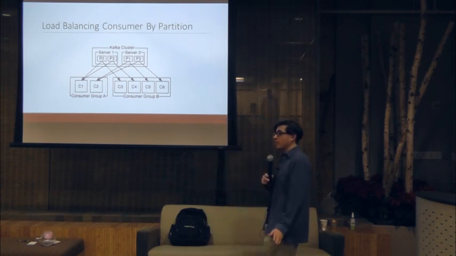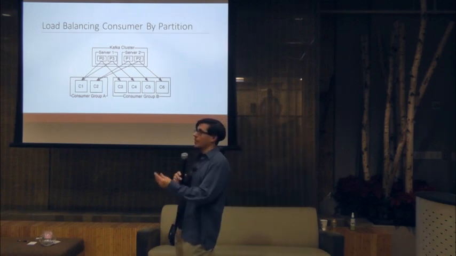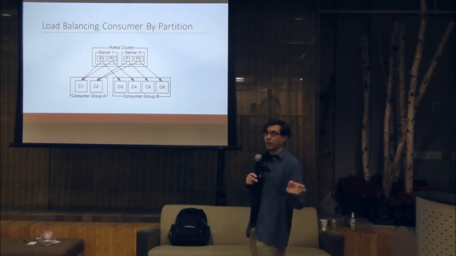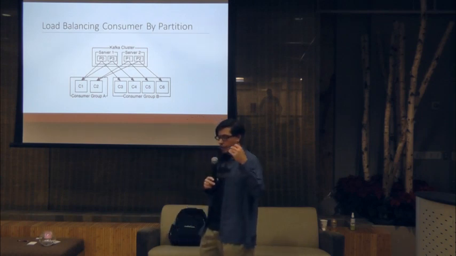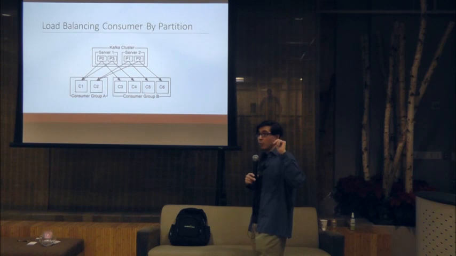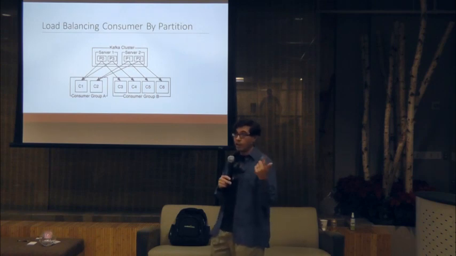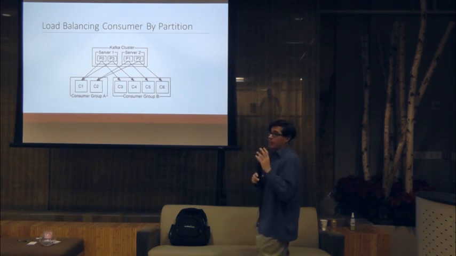Something could be wrong in your design. Depending on the version, and this is something that is different between 0.7 and 0.8: in 0.7, if you didn't put in a partition key, a null partition key would actually round-robin all of your data to multiple partitions. In 0.8, it doesn't do that anymore.